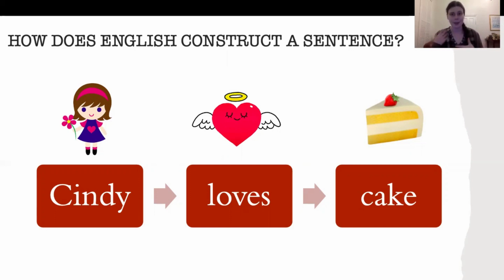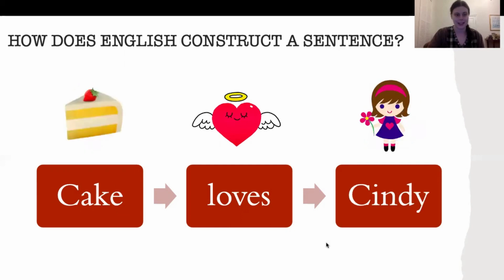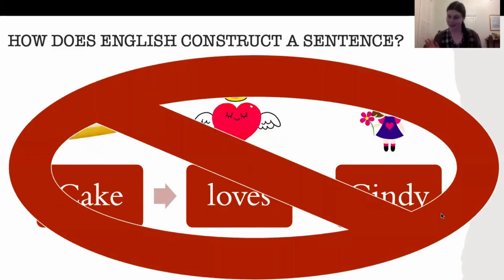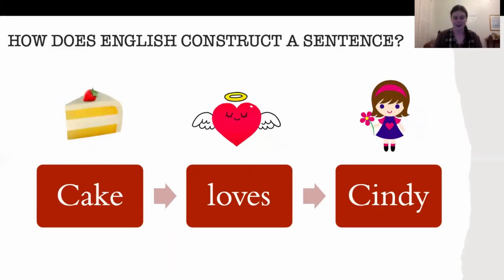Now, the one thing that we can know as English speakers is that if I flipped this sentence and said, Cake loves Cindy, that doesn't mean the same thing as the original sentence, right? It does not mean the same thing because English uses word order, right? So if we go back to that basic formula of subject plus verb plus object, we not only need those 3 components, but we need those components to be in that order.